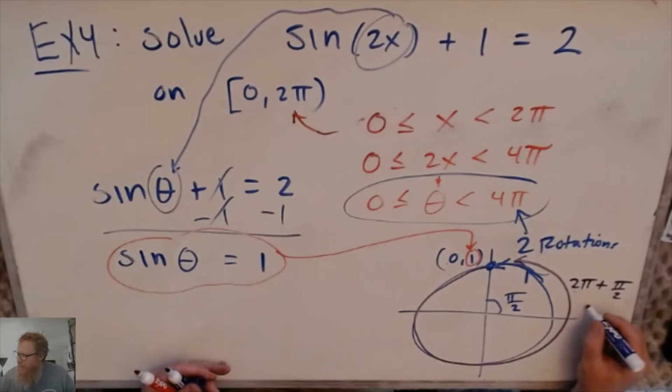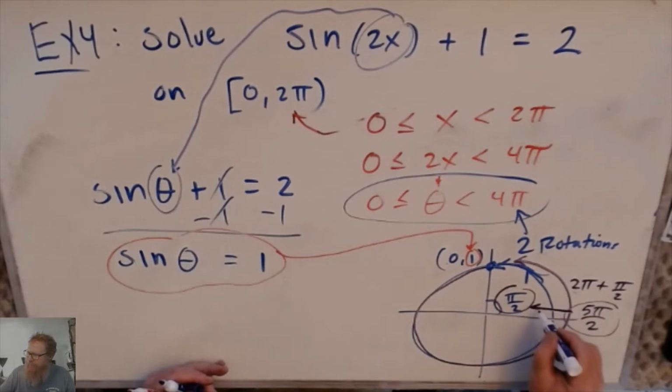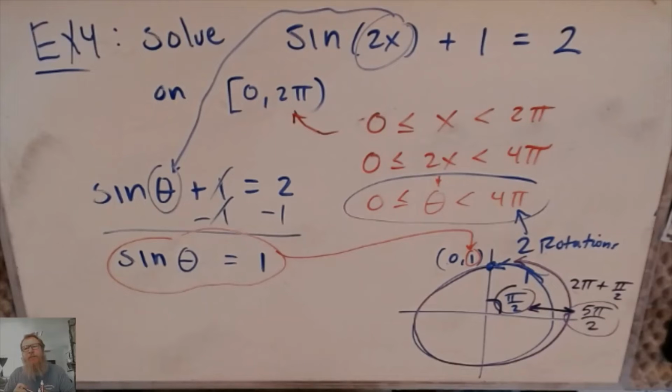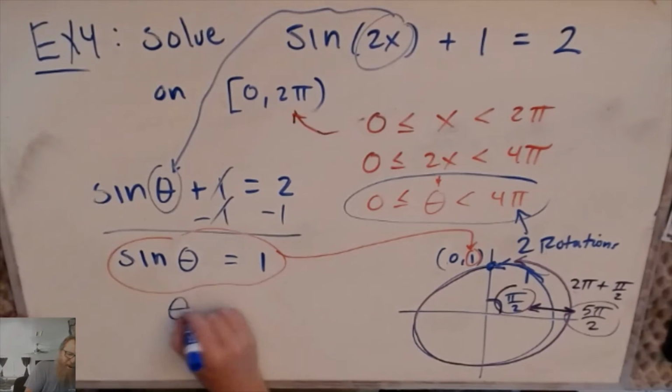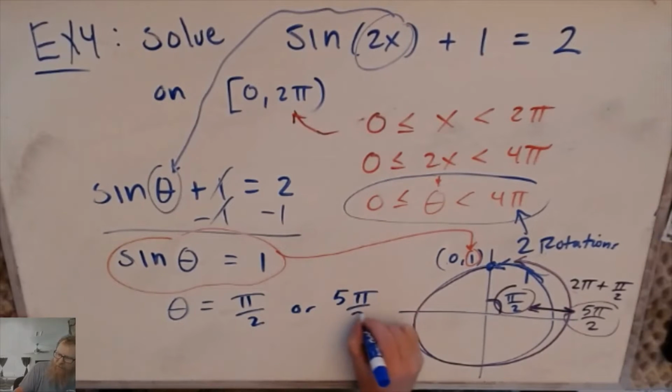And so that's going to be 5 pi over 2. It's the same angle in the same location. It's just more rotations. So that means theta could be pi over 2 or 5 pi over 2.